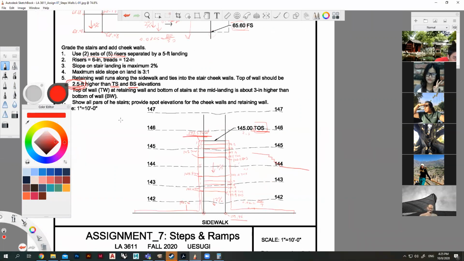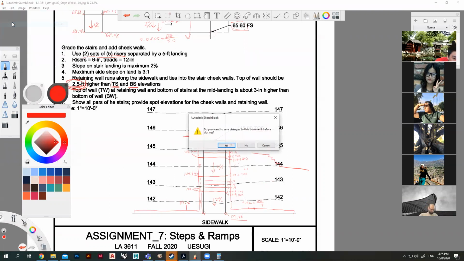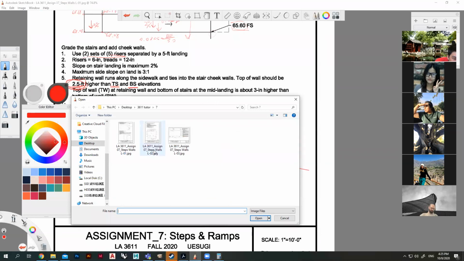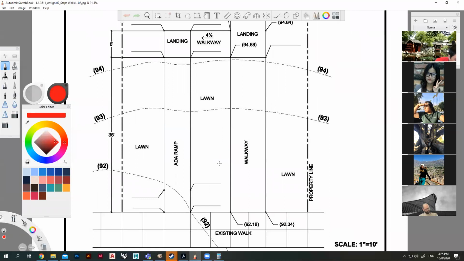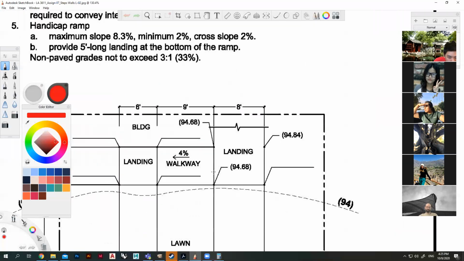Did you guys start doing page 2 yet? No. Is it okay if we move to the next page? Yeah, page 2. It's a combination of what you have done on page 1. So you're just combining all you've done previously and applying it here. You want to find all the points.